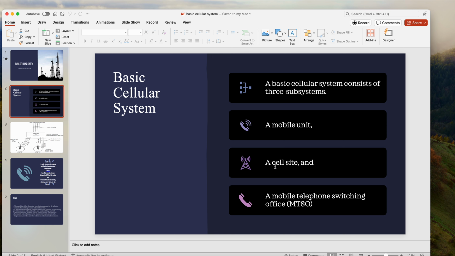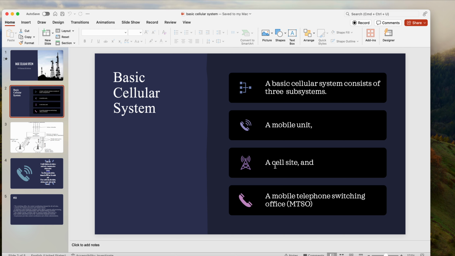Similarly the cell site also receives the signals from the central switching office, and then it transmits the signals to the other end subscribers also. So a cell site is an antenna system which will receive the information from all the subscribers and transmit the information to all the subscribers.